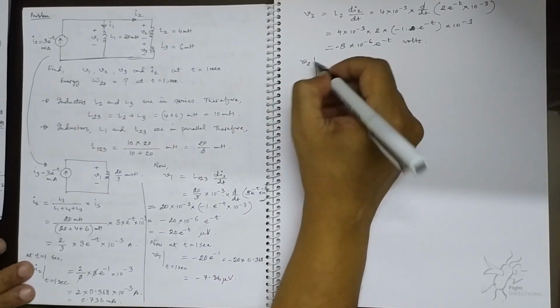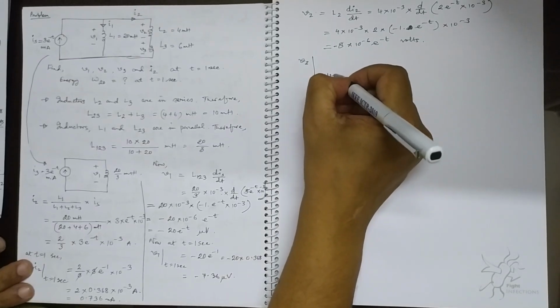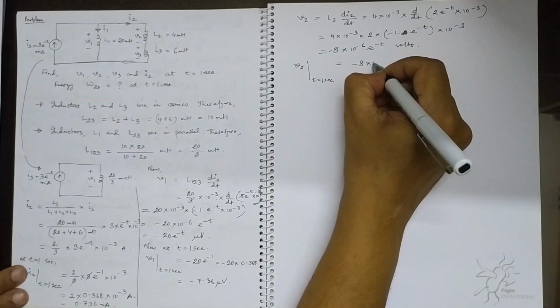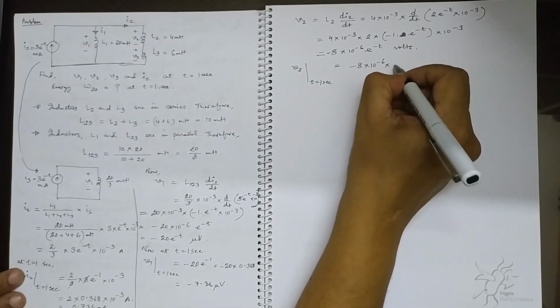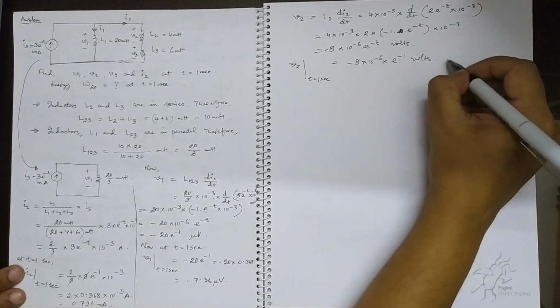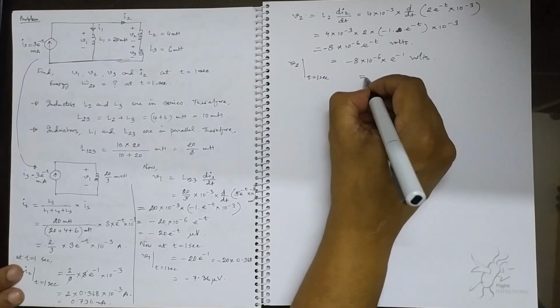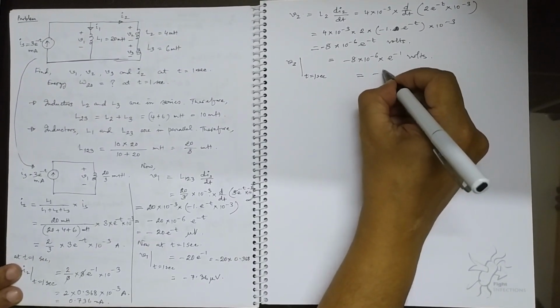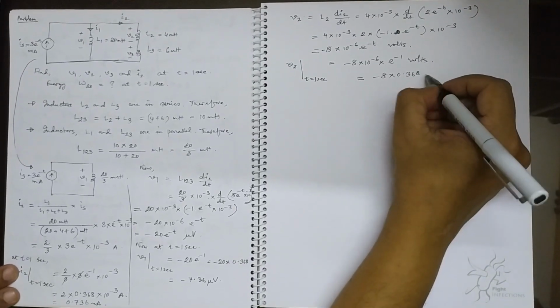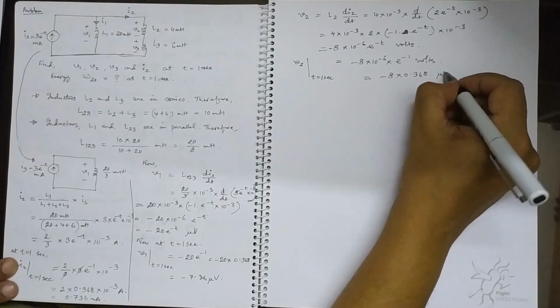Okay, so V2 at t equal to 1 second is equal to minus 8 into 10 to the power minus 6 into e to the power minus 1 volts, which gives us minus 8 into 0.368 microvolt.